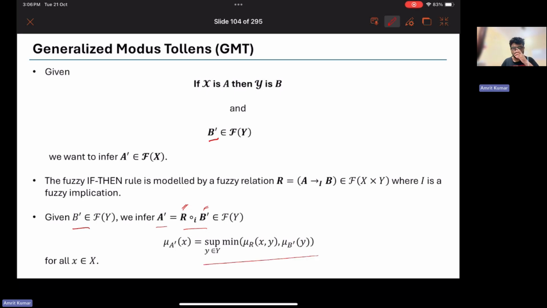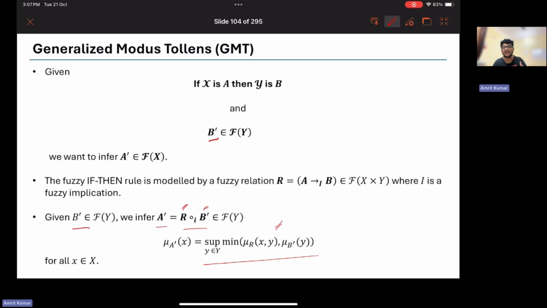So we have already seen how to post-compose a fuzzy relation with a fuzzy set, right? And again, this formula can be motivated in a similar manner as how we motivated the formula for the compositional rule of inference, where you look at the classical setting and start with a very simple case wherein the conditionality between variables x and y exists in the form of a functional relationship.